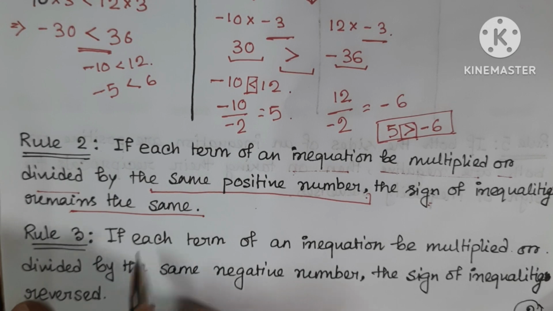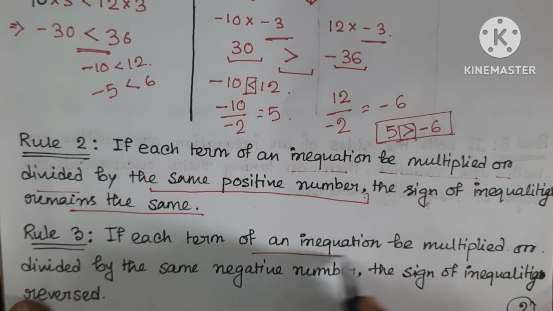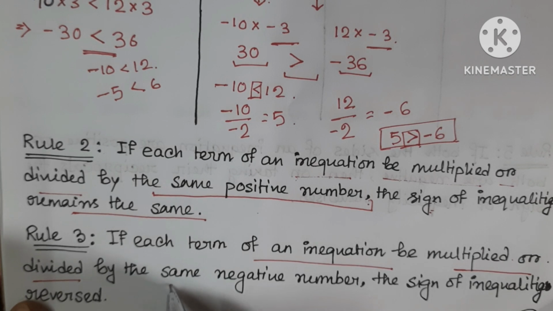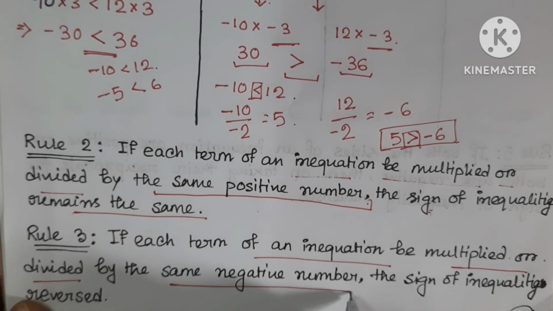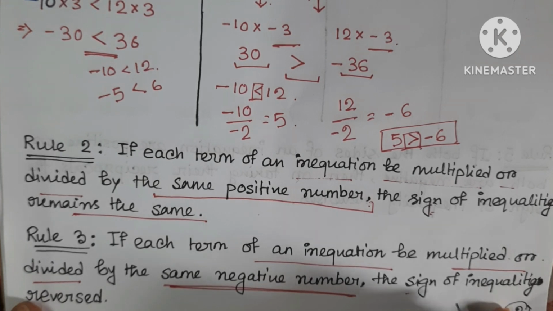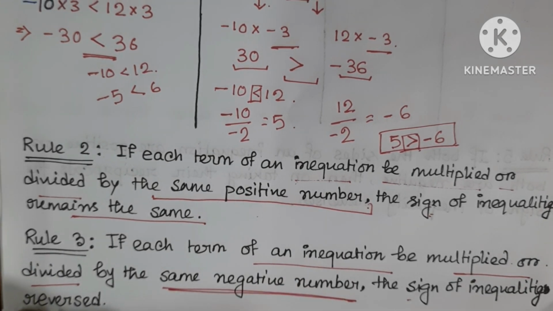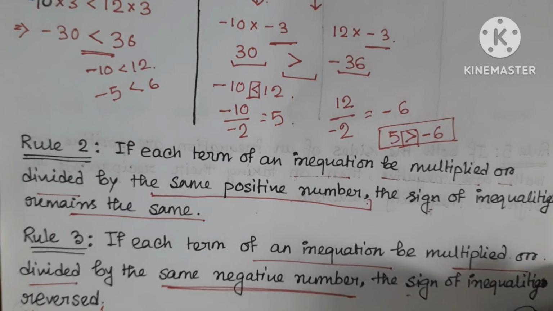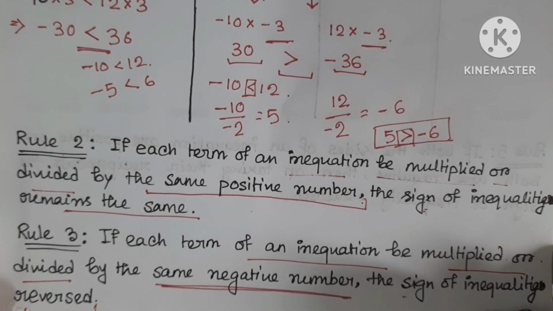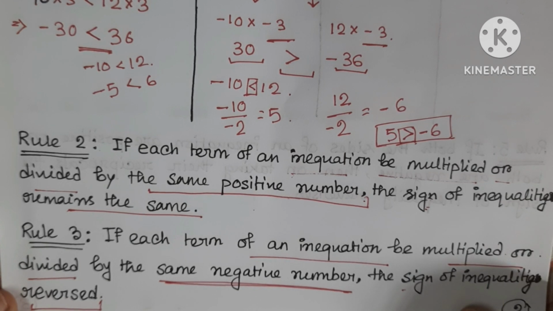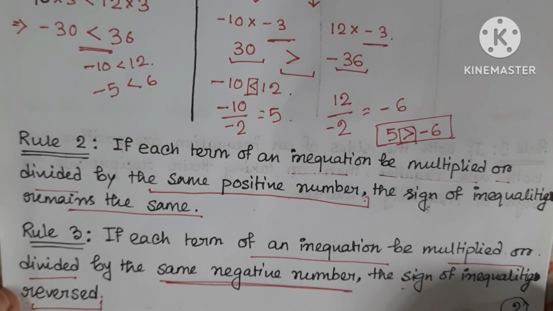But if each term of an inequation is multiplied or divided by the same negative number, then the sign of inequality is reversed. Okay, so these were our rule number 2 and rule number 3.